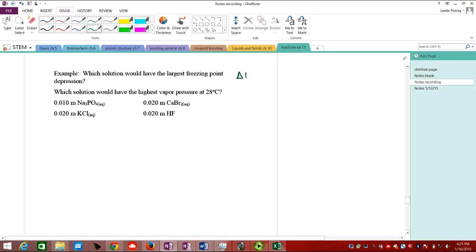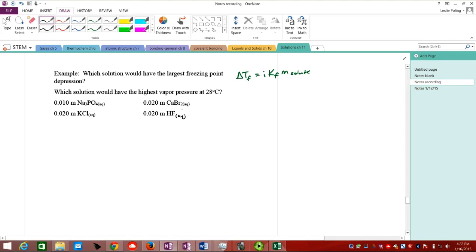Well, freezing point depression is... So what I didn't say in this question that would be important, but I did say in the question, left it out for the HF by mistake.